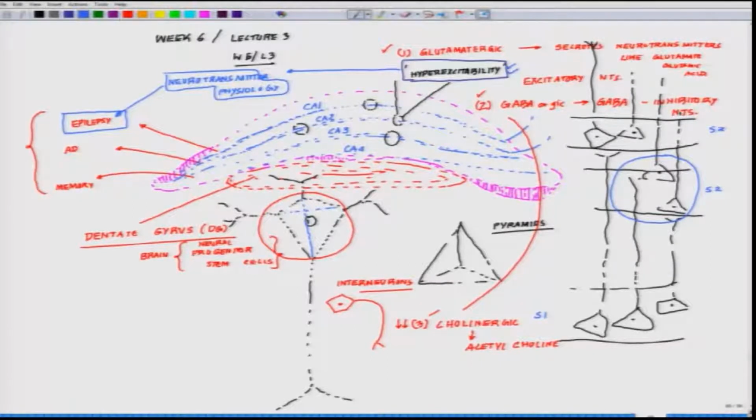And this hyperexcitability physiologically further leads to excitatory brain damage.